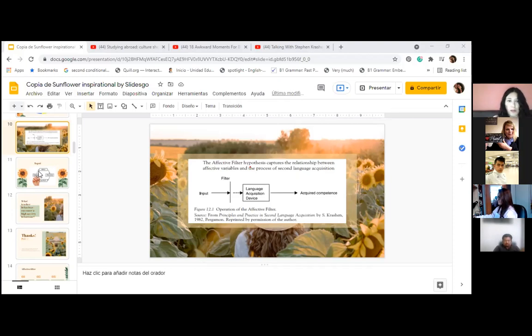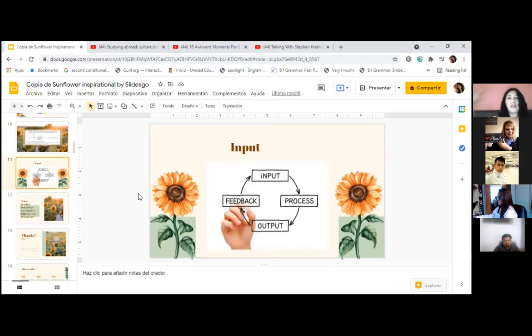So we must remember that the input is everything that the teachers give to the students. It could be either oral or written, and we have to consider how our environment is. If the teacher is sympathetic, if the teacher is kind, also if the student is not hungry, or maybe there is some noise outside the class.